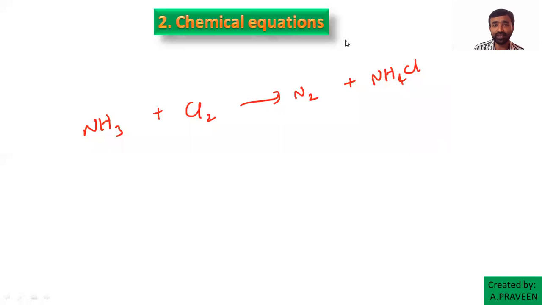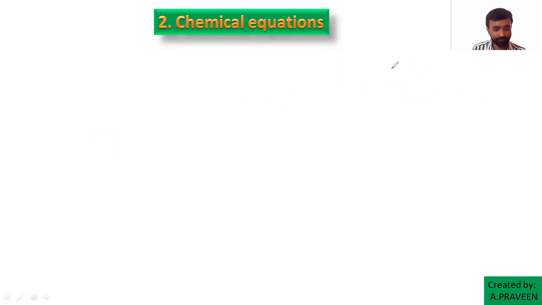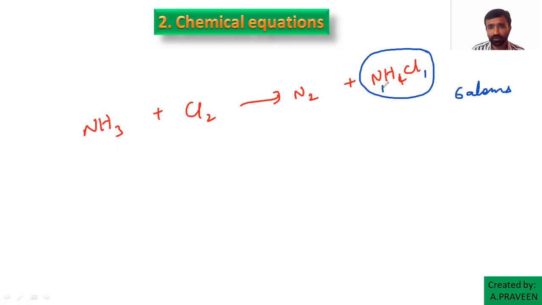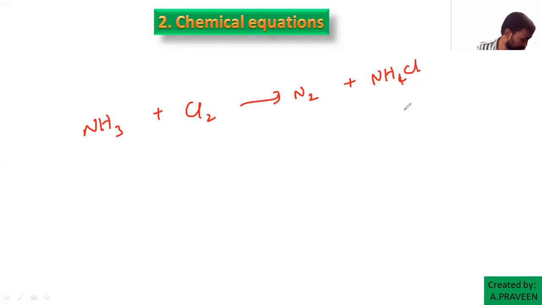What I said: first, select the largest formula unit. So 1 plus 4 plus 1, totally 6 atoms in the same formula. Second step, after completion of this one, is selecting the highest numbered atom.